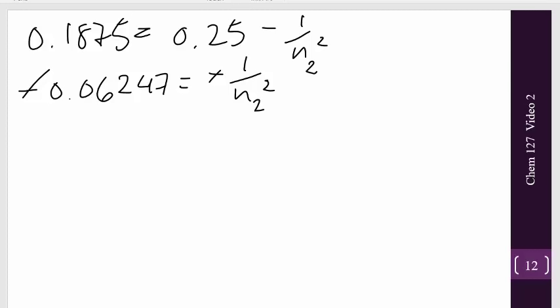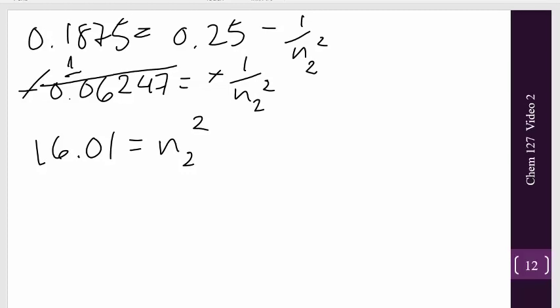And now we can take 1 divided by both sides of the equation. This 1 divided by the 0.06 decimal gives us 16.01 is equal to the other quantum number squared. So we can take the square root and get 4.